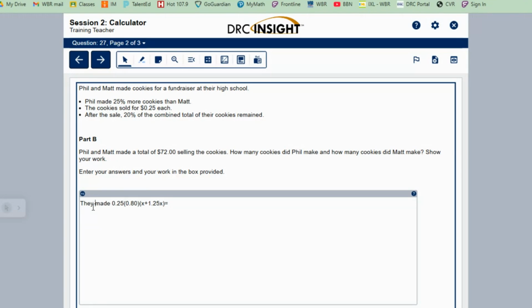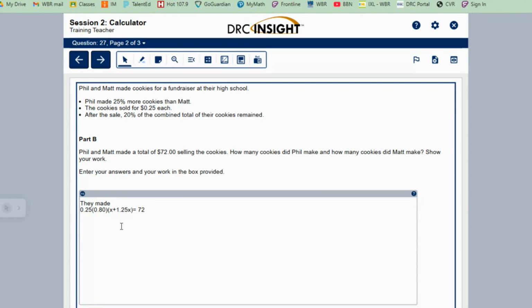Sorry for my typos. They made this much money. In this problem, it's telling us that what they actually made was $72. So I'm going to set this equation equal to $72 and then solve.